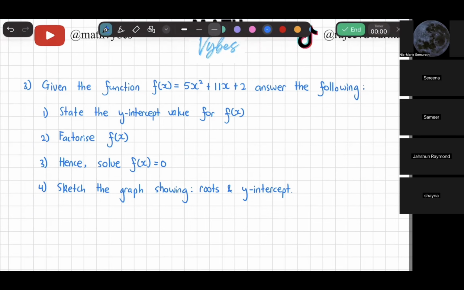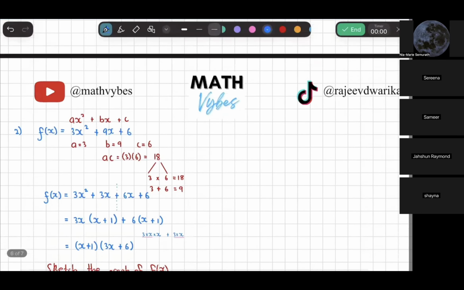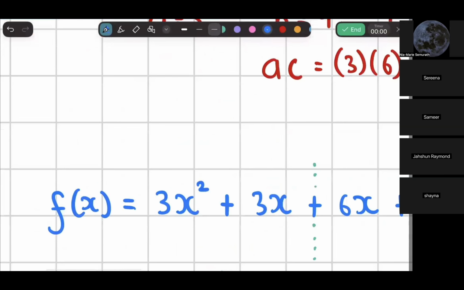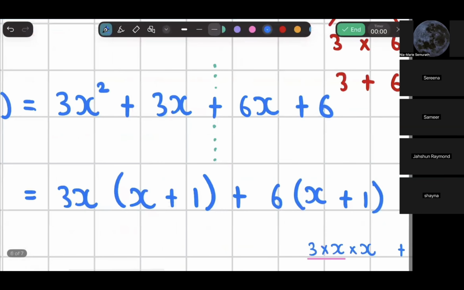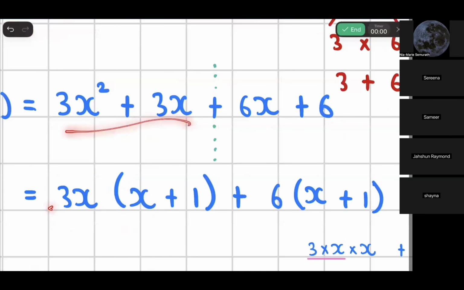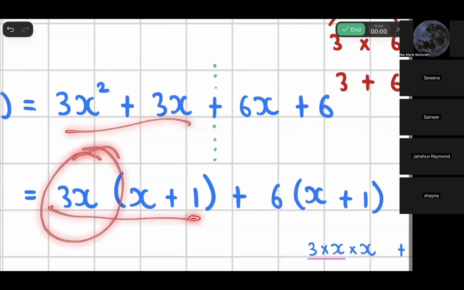Look at the line before that. What are we supposed to get? 5x squared. No. Remember, your goal is to factorize, and so if you multiply it out, you're supposed to get back what was in the previous line.